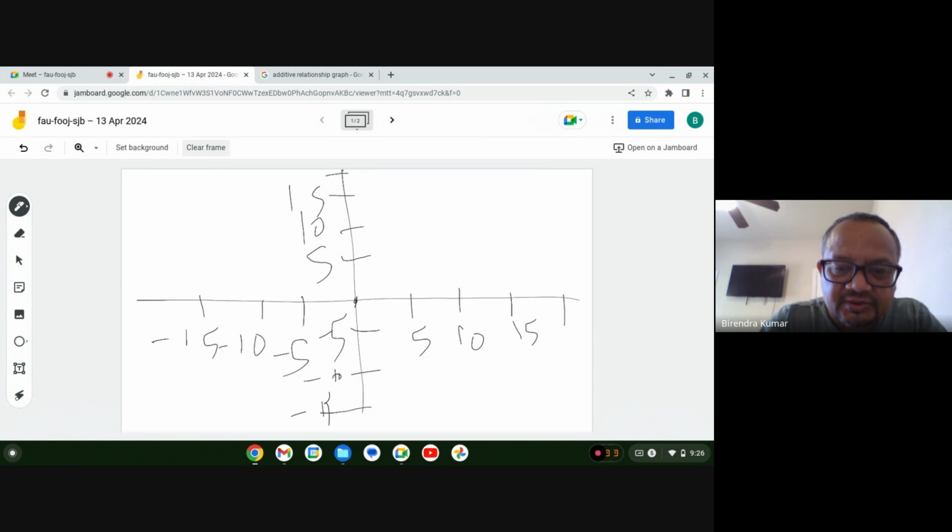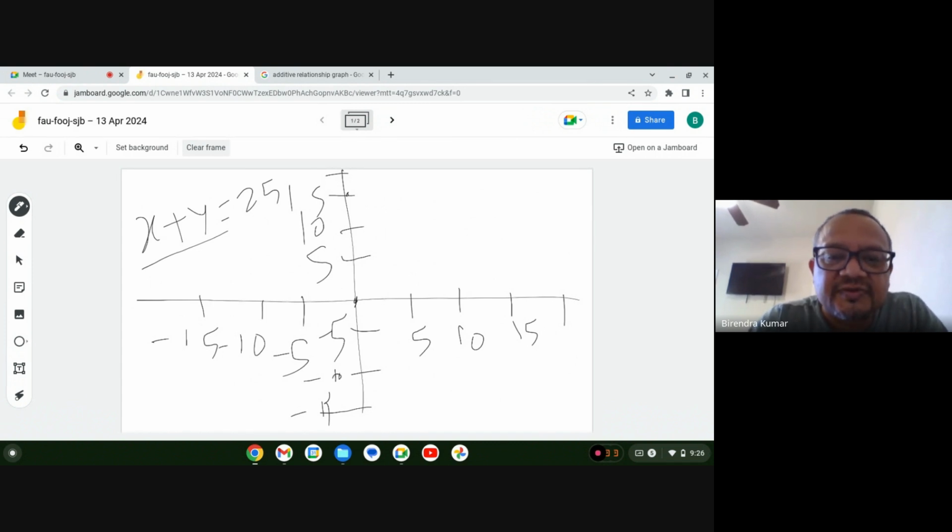So here I got the equation x plus y equals 25. I will not explain that to you guys again, but I will pick 2 points. Okay, this is not 15. This is 25. So it will be somewhere here.